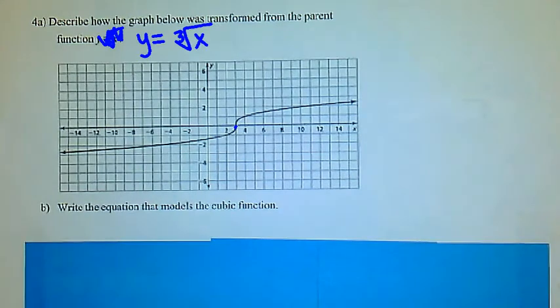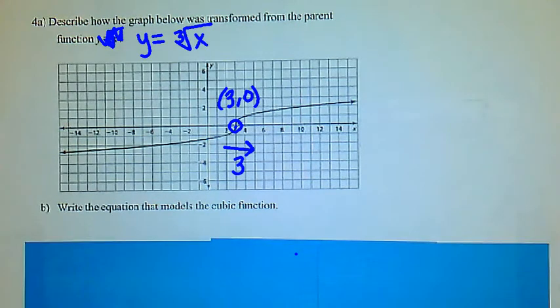So again, what you're going to do is you're going to try to see where it goes through y equals 0. So if you notice, right here, so at 3, 0, we have our curve, okay? And then this is still only up 1 and down 1, so -1, and so what's happening, this didn't stretch at all, okay? It moved to the right 3, okay?